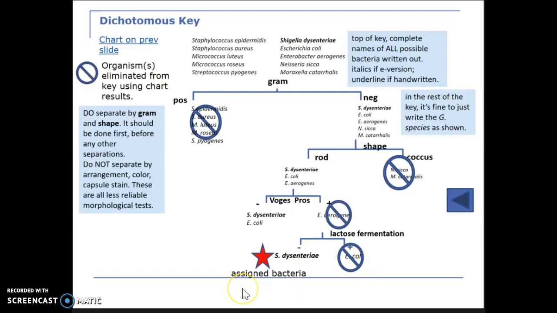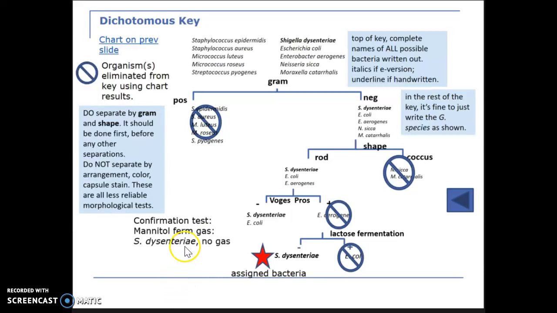All right, so I'm going to carry out my confirmation test. And remember, there was a mannitol test that we could have used. So I have that. I have to write it out, confirmation test. I really like it when it's this way and not just another part of the dichotomous key. I want it really clearly shown that I have proposed and I'm running a confirmation test. This is what it is going to be. It's going to be carrying out a mannitol fermentation and looking for the presence of gas.